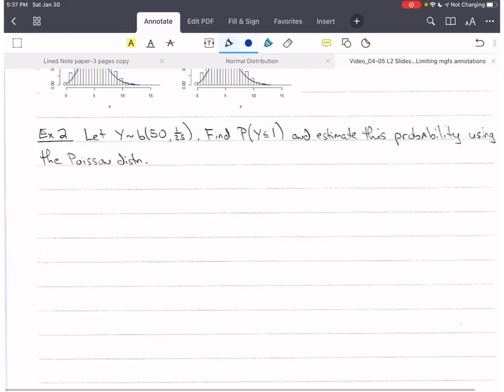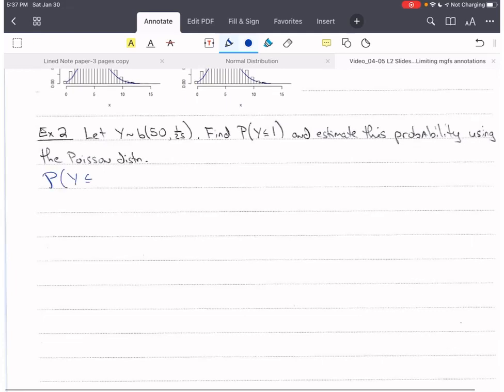So we want the probability that y is less than or equal to 1. And remember that this is the probability that y is equal to 0 plus the probability that y is equal to 1.